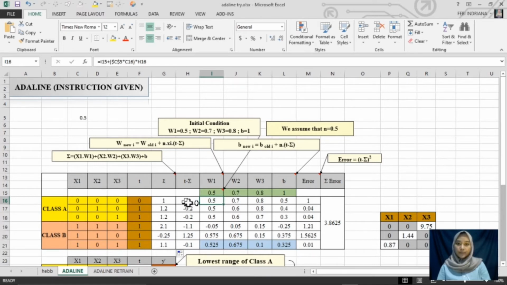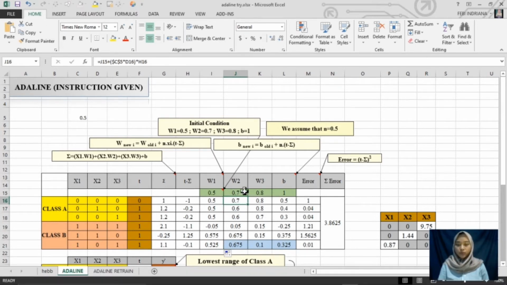After that, we can hold and drag until the dataset class B. Okay, like this.